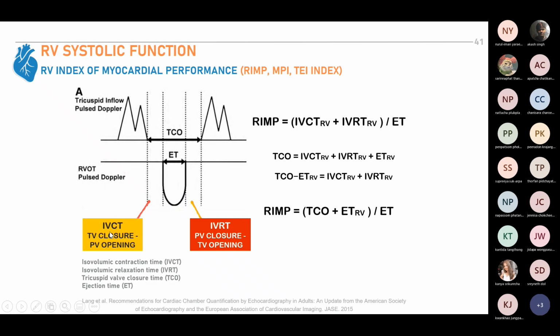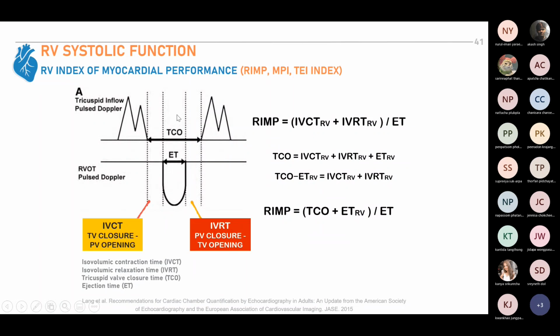IVCT, or isovolumic contraction time, represents the time between tricuspid valve closure and pulmonic valve opening. And IVRT, isovolumic relaxation time, represents the time between pulmonic valve closure and tricuspid valve opening. And ejection time represents the time of the ejection period.